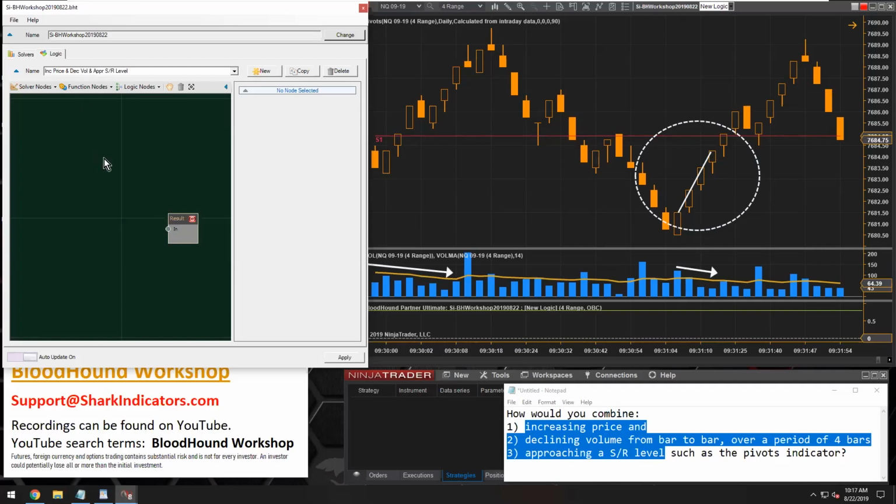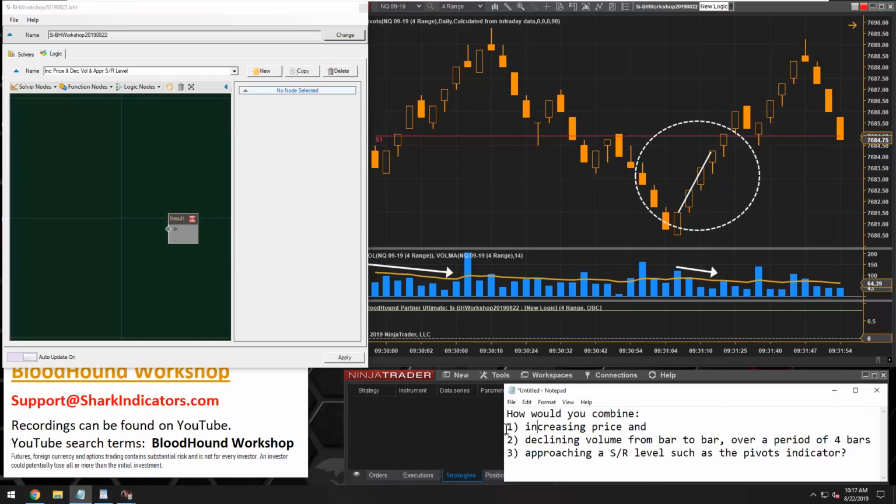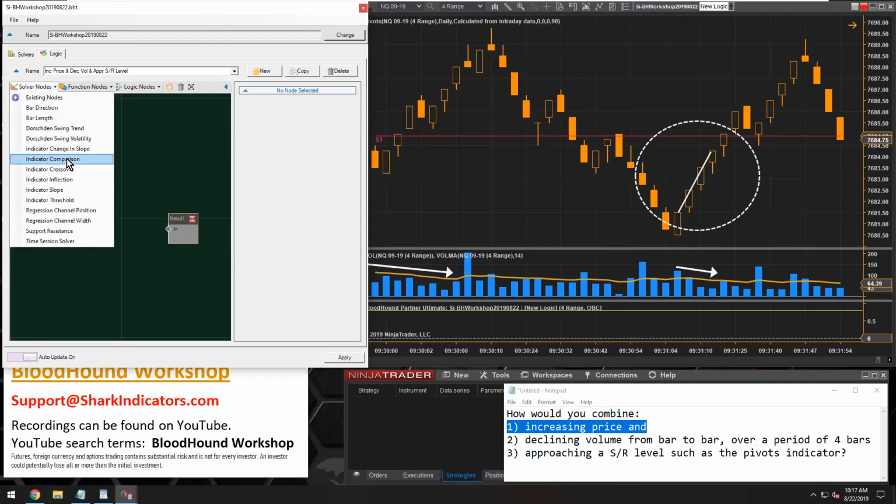All right. So let's tackle item number 1 here. Increasing volume and or decreasing volume here. So I'm going to use simply comparison solver to do that. Now, if you're going to be using a moving average to determine whether price is increasing or decreasing in a more general fashion, then you would want to use a slope solver.